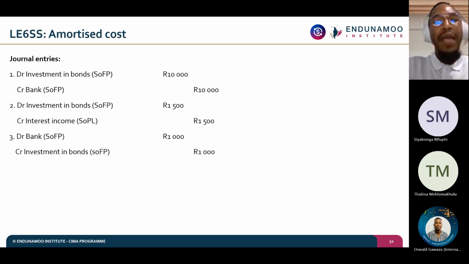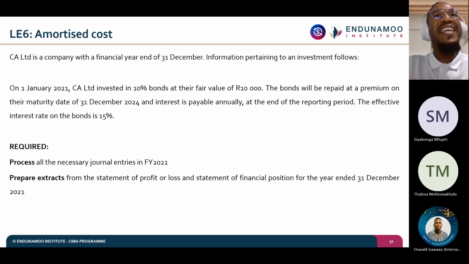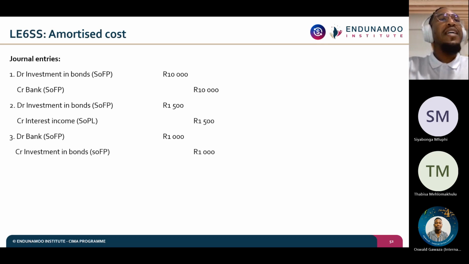Then when the coupon payment is made, we're told that it's a 10% bond. And assuming that the fair value of the bonds is equal to the par value of the bonds, 10% of 10,000 is 1,000. So the payment would be into our bank account of 1,000, and there will be a credit entry to the investment in bonds account.